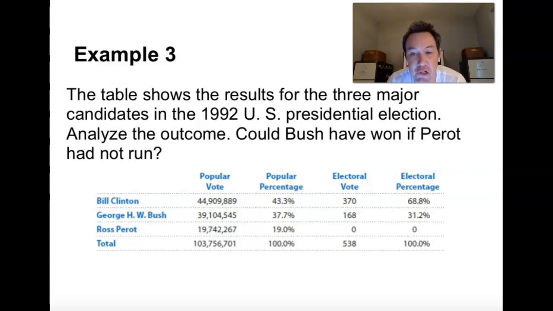And the question is, could Bush have won if Perot had not run? And so Bill Clinton won 43.3% of the popular vote, which is not a majority, but it's the most of any of the 3 candidates. So we call that a plurality.